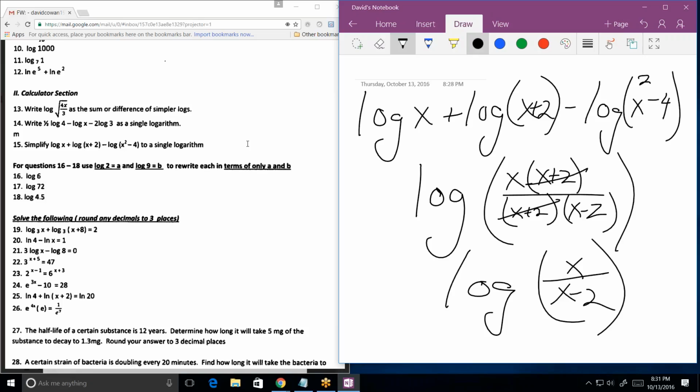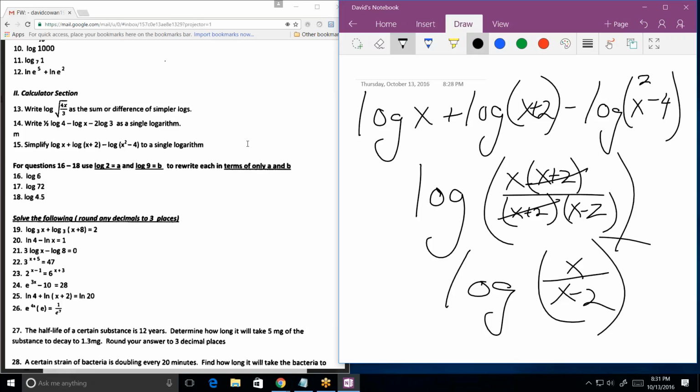So x can't be 0. In other words, all your domain restrictions come from the original function, not the final function. Notice that in the final function, x can't be 2, x can't be 0, but there's no restriction apparently in there where x couldn't be minus 2. I would still have a positive number if x were minus 2. I would have minus 2 over minus 4. I'd be taking the log of 1/2.